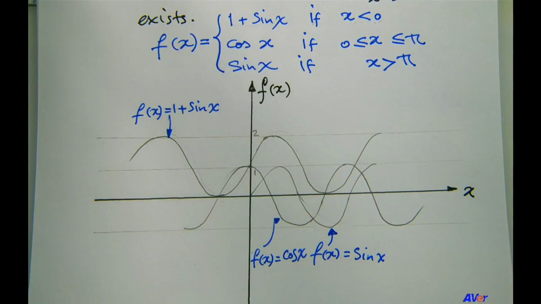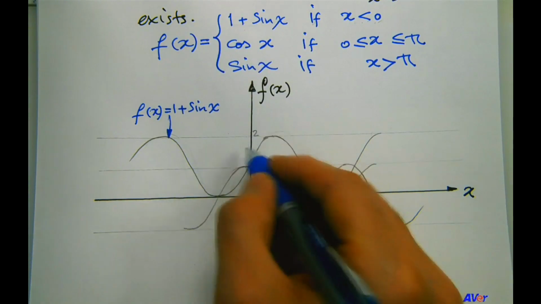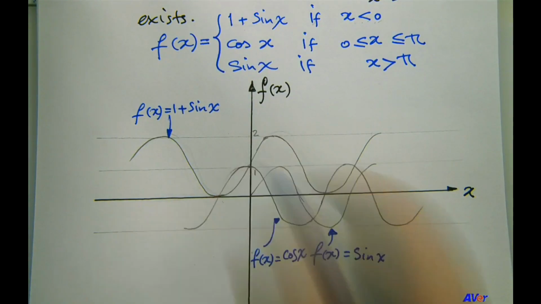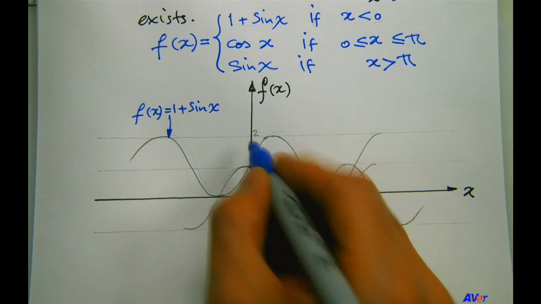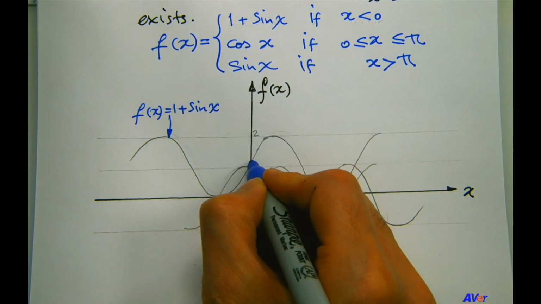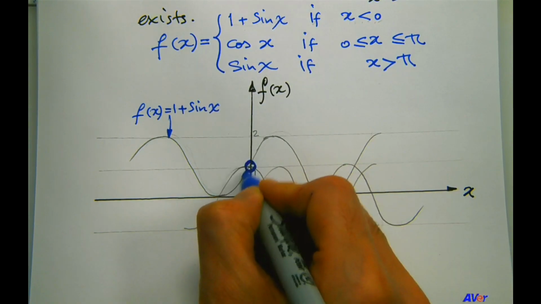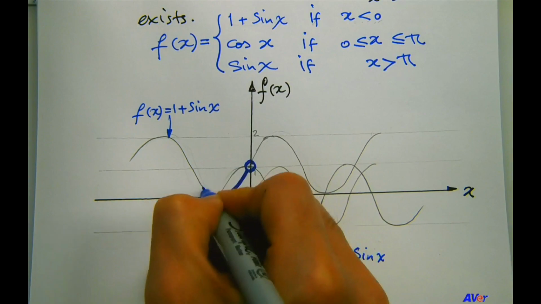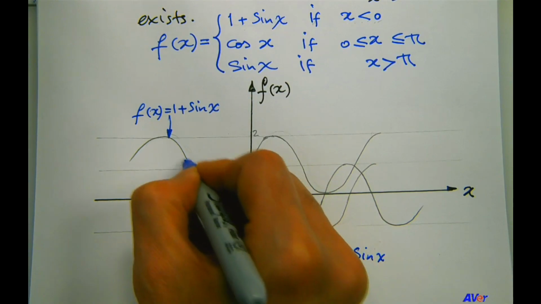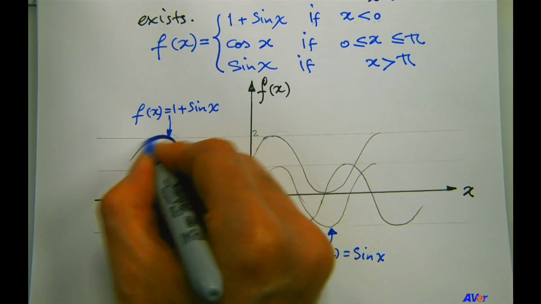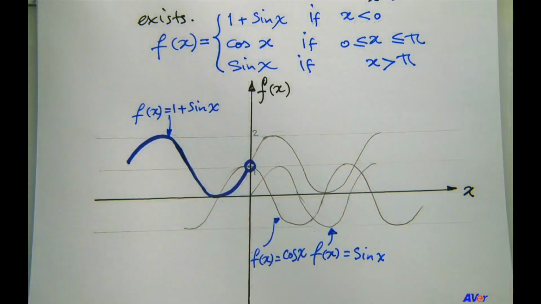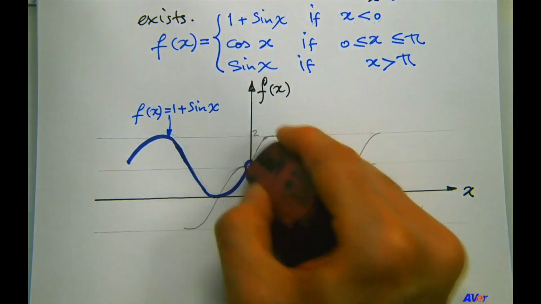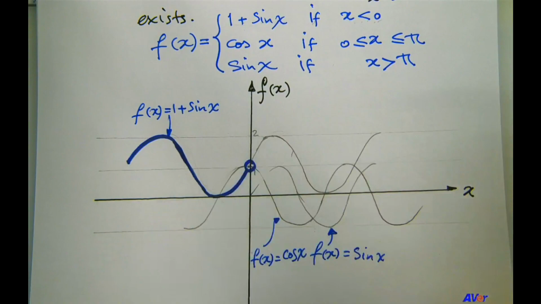So that means I'm going to graph, use my thicker marker here, and I'm going to put a hollow circle here, like that, and then I'm going to thicken that line like that. Okay. And then I'm going to erase the rest of this. But I'll do it at the end.